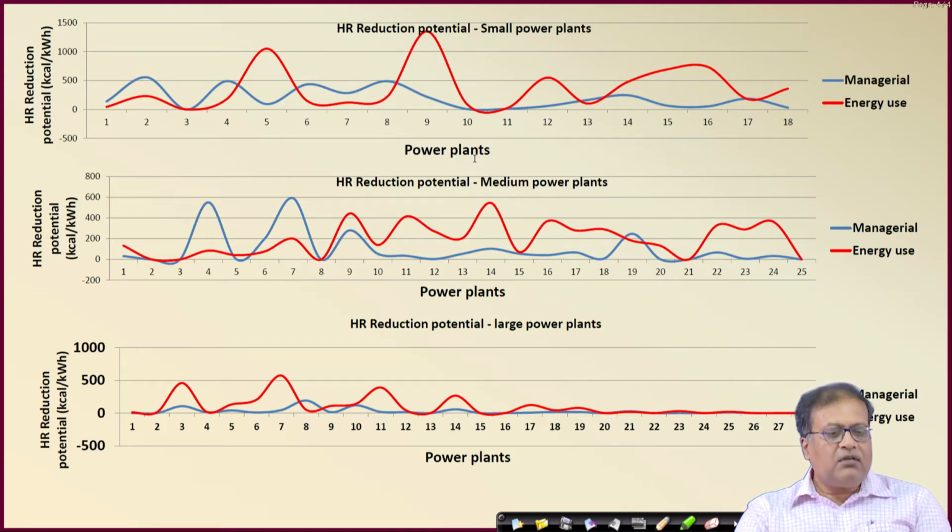The logic goes like this: if 3 can do it, why can't you do it? Why not take example from 3 and use your energy and your managerial inputs like unit 3? If you cannot do straight away, then do it gradually.